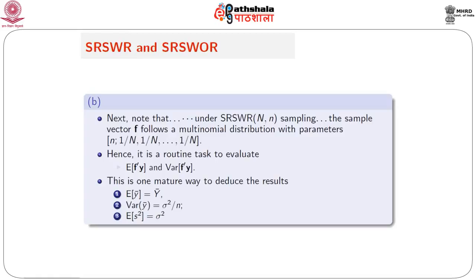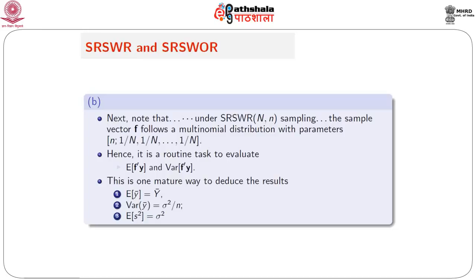Next, you also note that under with replacement sampling, the sample vector F follows a multinomial distribution with the parameters small n, that is the summation fi, and 1 over capital N, 1 over capital N, 1 over capital N, which represent the probabilities. If you recall the multinomial distribution, there is a total sample size and there are so many classes spread over the multinomial.